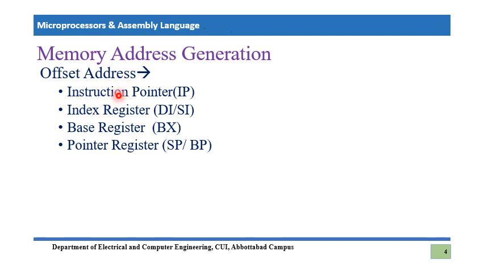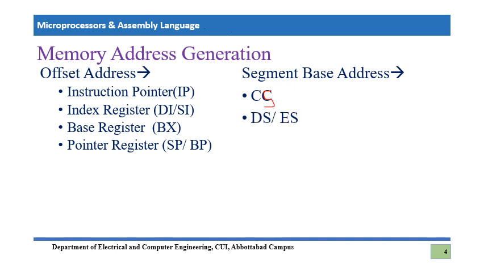The offset address can also be stored in pointer registers, including the stack pointer and the base pointer. Similarly, the segment base address can be stored in the code segment register, CS, data segment register, or extra segment register, and similarly the stack segment register.